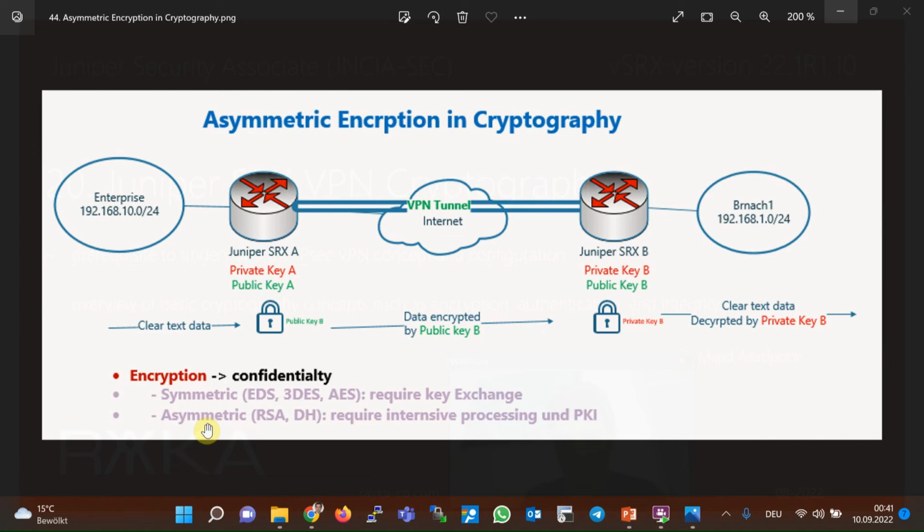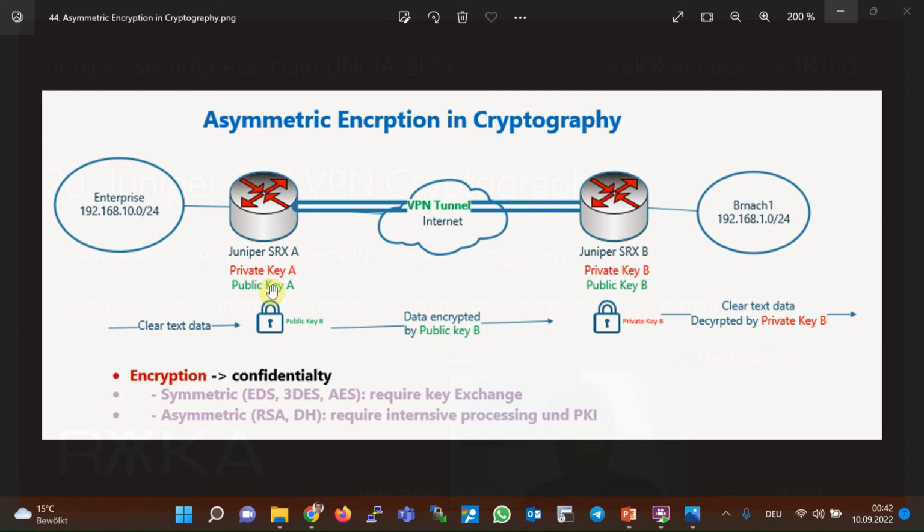With asymmetric encryption, each side has its own public and private key, party A and party B. The property of these keys is important because whatever is encrypted with the public key is decrypted with its own private key and vice versa.